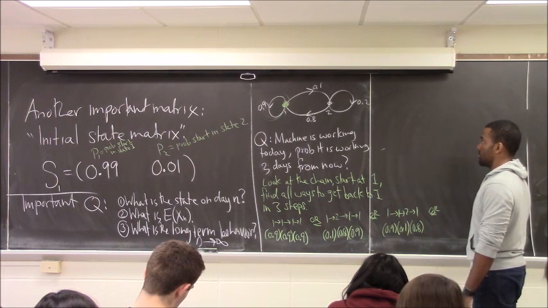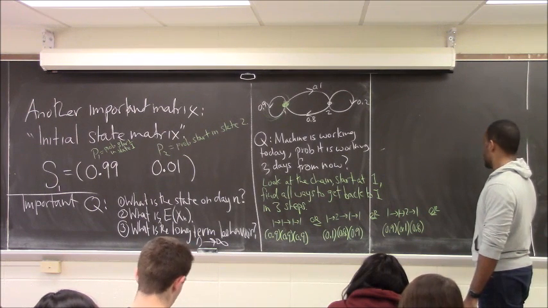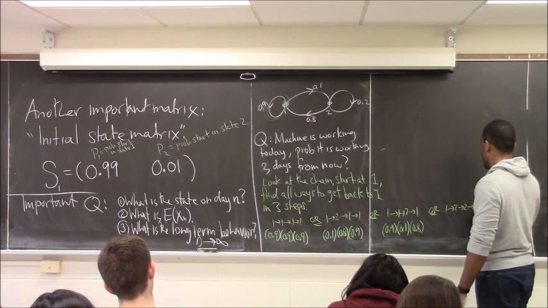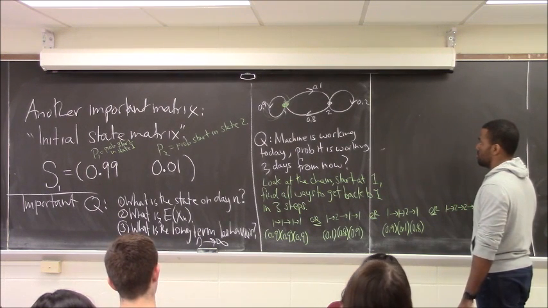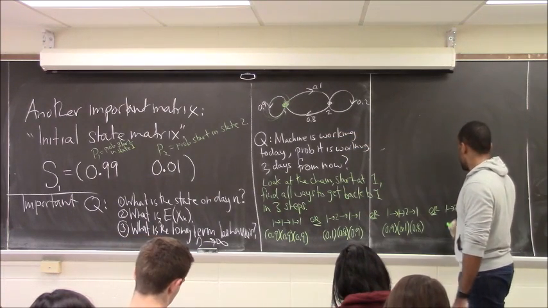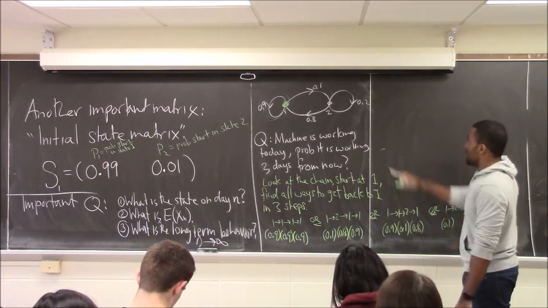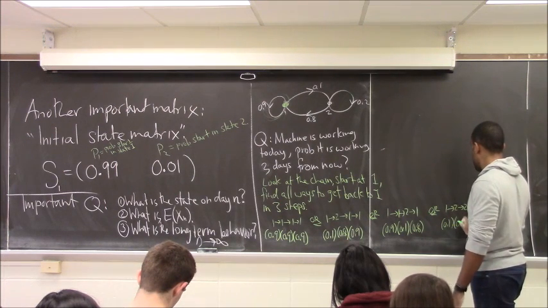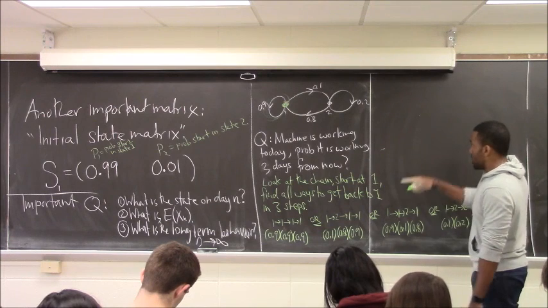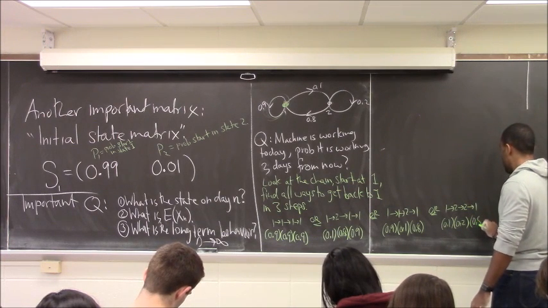Would it be 1, 2, 2, 1? So I jump from 1 to 2, there's a 0.1. I stay at 2, that's probability of 0.2. And then I jump back to 1, probability of 0.8.